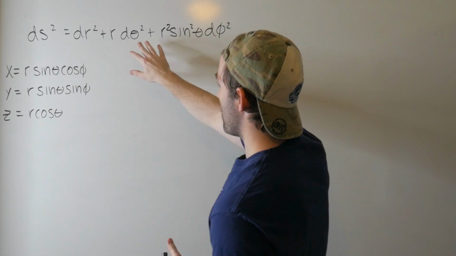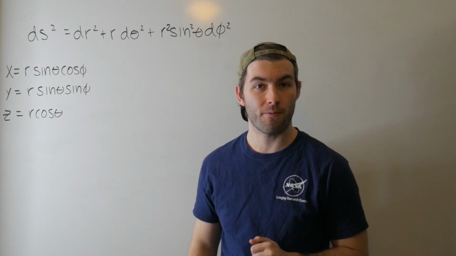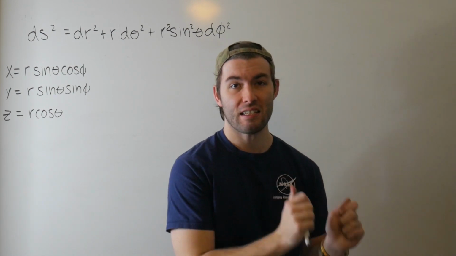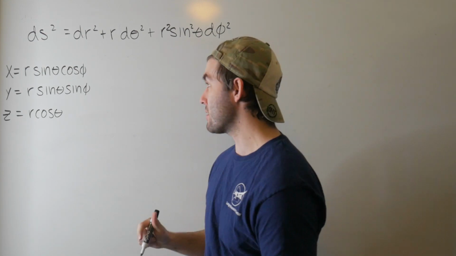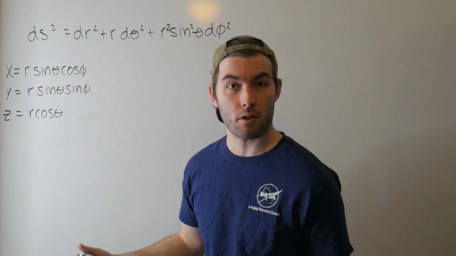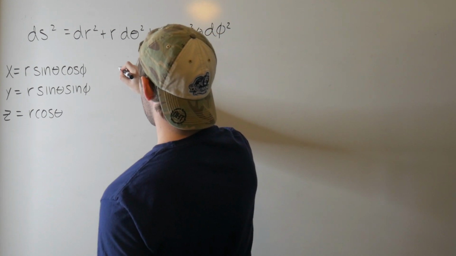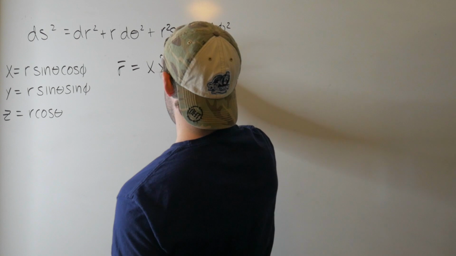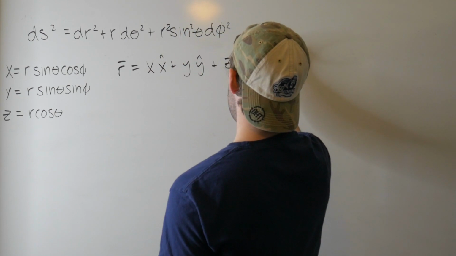So now I've just written the answer that we should get at the end. I've also thought ahead and written out spherical coordinates for us. The way that we calculate the components of the metric tensor is by taking the dot product of the basis vectors in that coordinate system. So in spherical coordinates, let's calculate what those are too, because we don't want them normalized for this. We know that the position vector r is equal to x x hat plus y y hat plus z z hat.